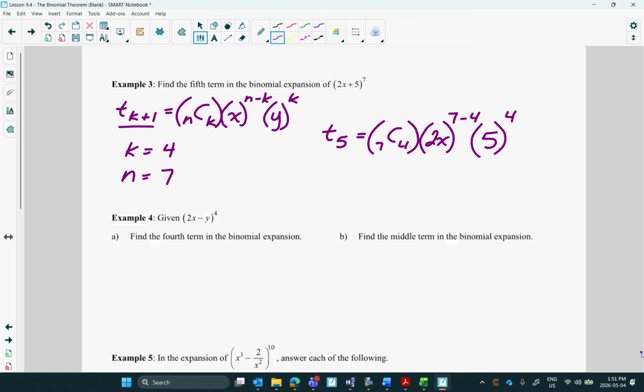Obviously, you're going to need a calculator. 7 choose 4. Can anybody do it quickly? 7 choose 4. You should know how to do this on your calculator.